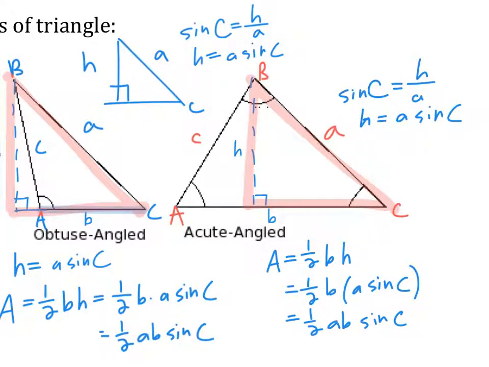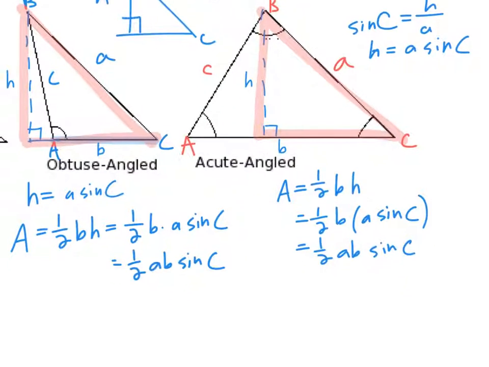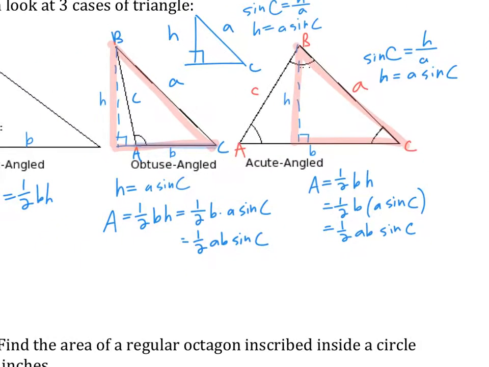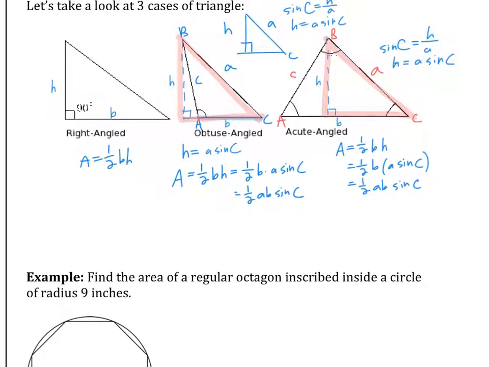That means if I give you any kind of triangle, you can figure out the area, even if it is not a right triangle. You don't even have to find the height. You just need to memorize this formula, and then you can solve the area for any kind of triangle.